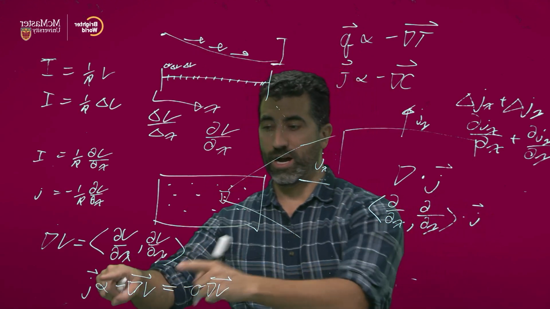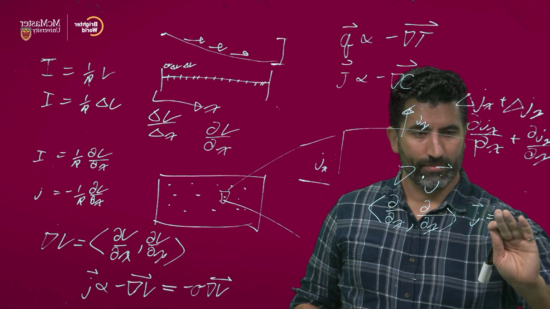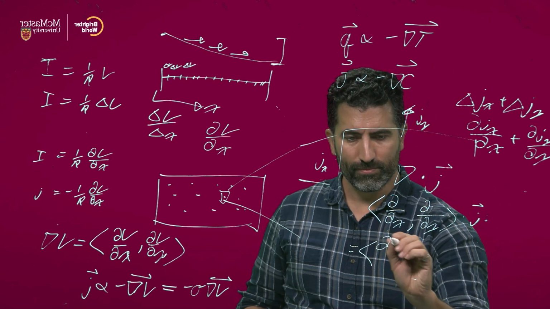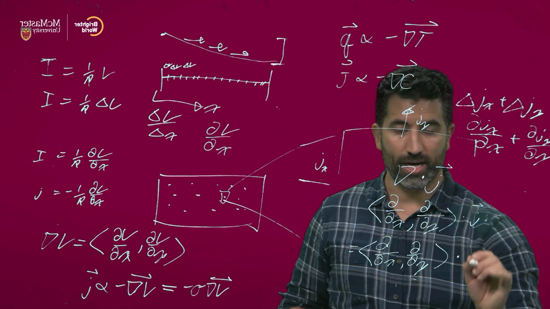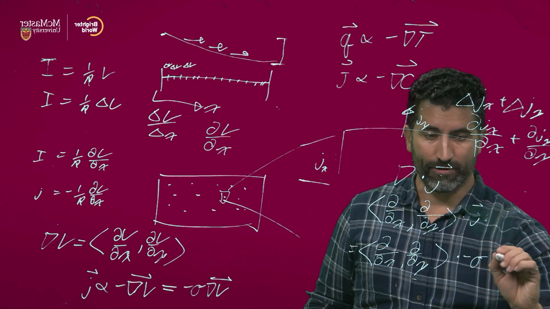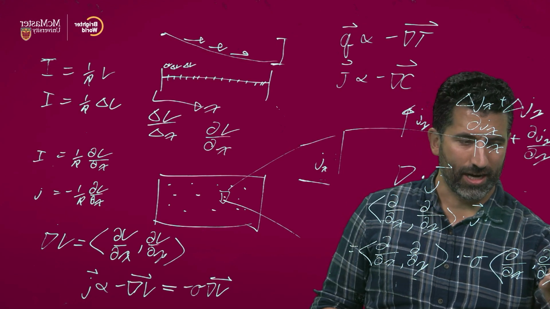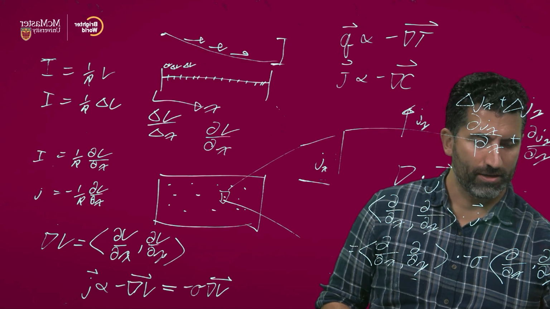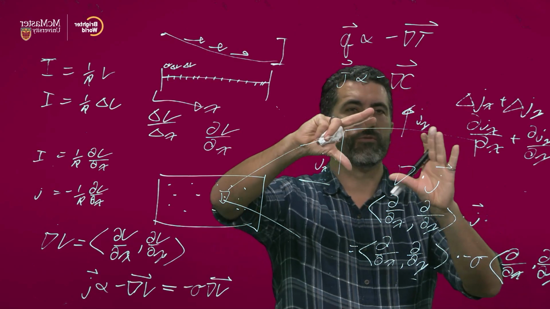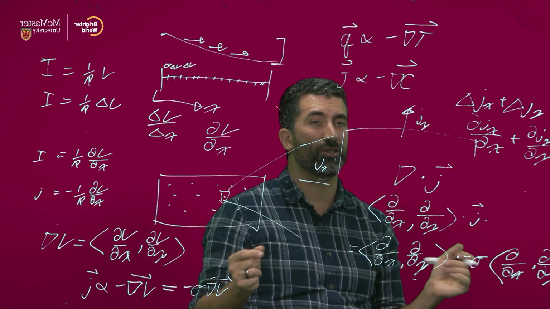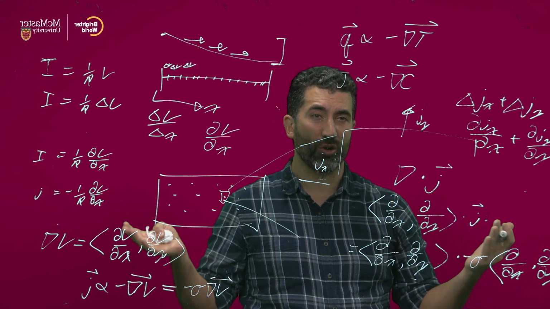And our J field, if you come back here, turns out to be, let's write that down here, d by dx, d by dy, dot J is just negative sigma times d by dx, d by dy on V. Okay, so this is what the divergence is. It's basically saying from your volume, you have a certain amount of stuff going out, you have a certain amount of stuff going in, and that difference turns out to be your accumulation into it, hence your conservation equation and your balance equation.